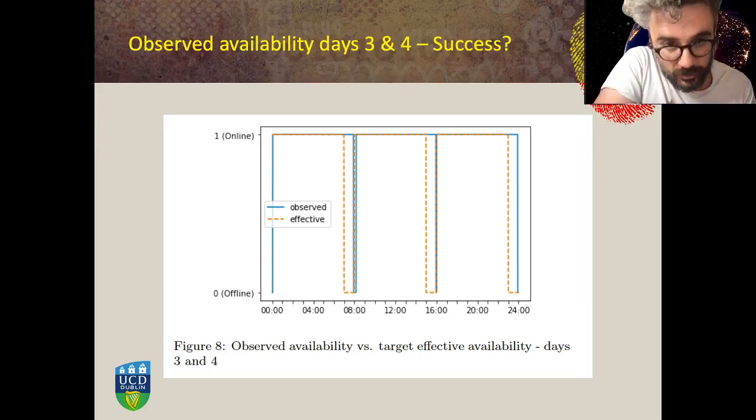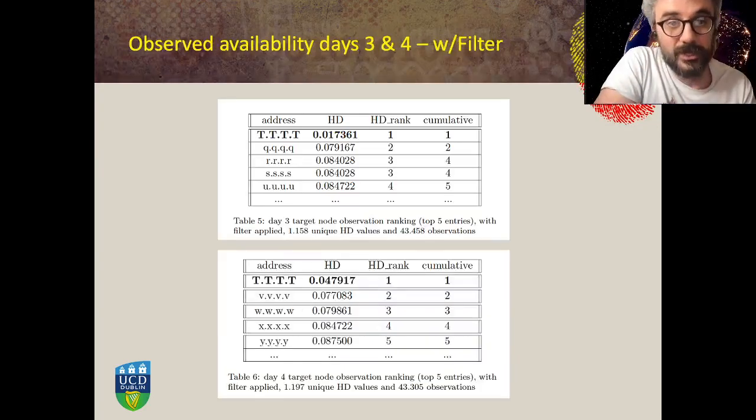We repeated the measurements and recalculated the Hamming distance between the target availability fingerprint and the 43,000 filtered availability fingerprints. And this time, when we sorted the availability fingerprints by Hamming distance, the availability pattern of the target node scored first.